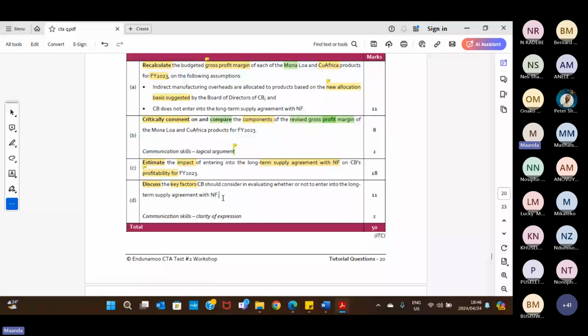So you have spent more than 100% of the time you needed to spend here, because you skipped the first one and came here because it was easy for you. And with discussion questions, what candidates normally do is write paragraphs. They want to show that they know these things.